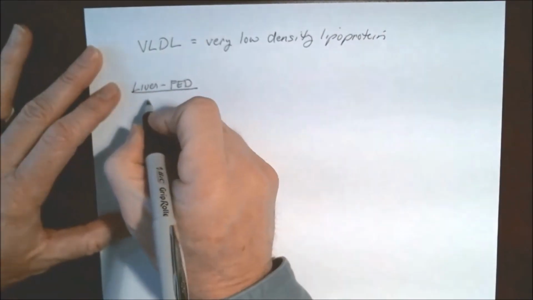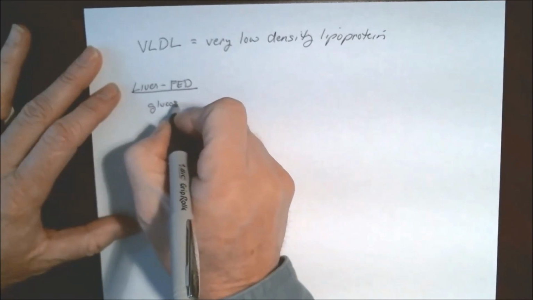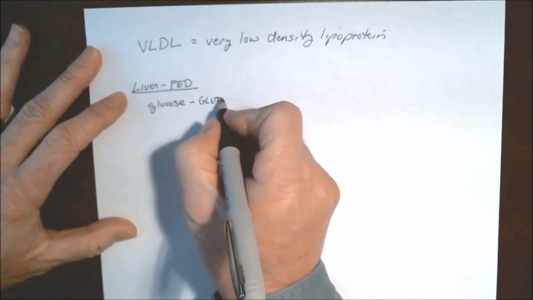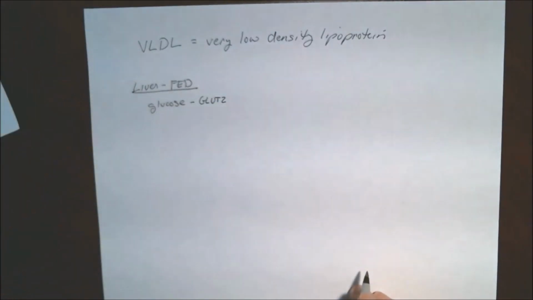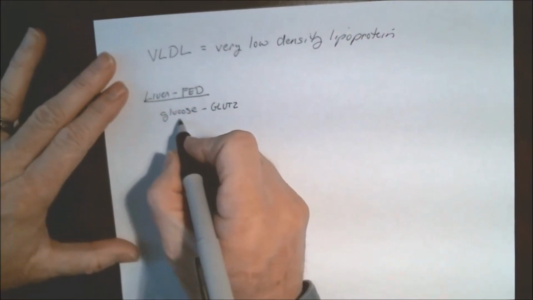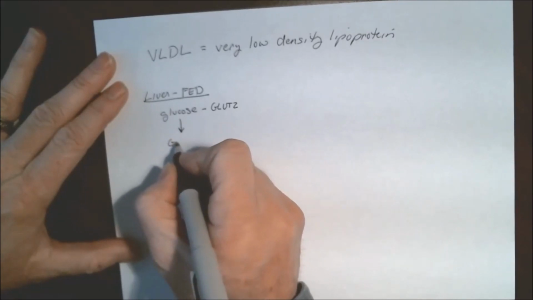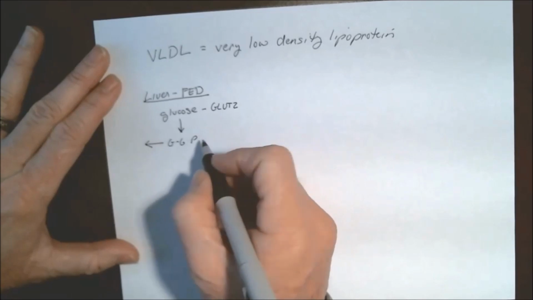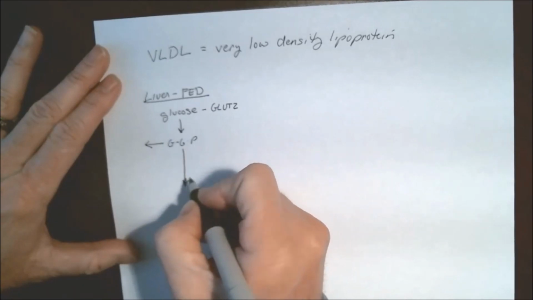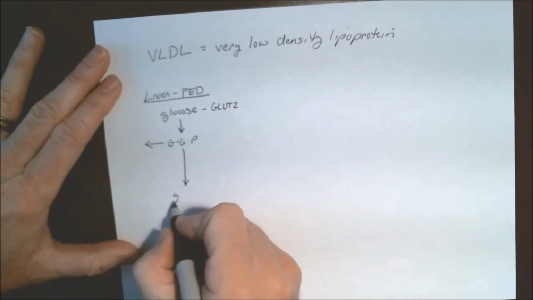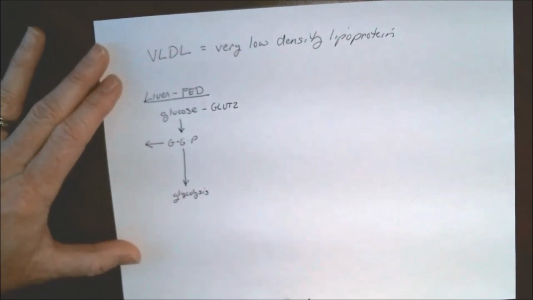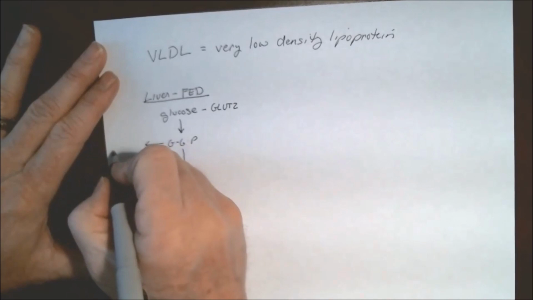And the liver in the fed state, recall, is going to have a plentiful supply of glucose coming in by the GLUT2 transporter. And this glucose, remember, will form glucose 6-phosphate. The energy charge of the cell will be maximized by glycolysis.